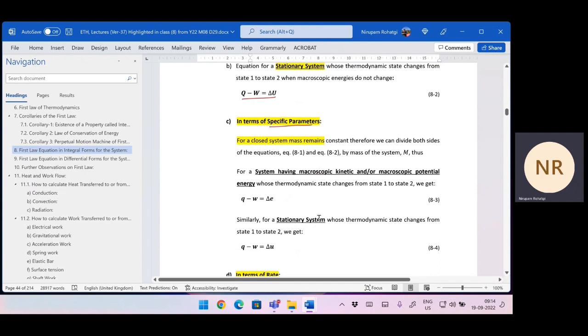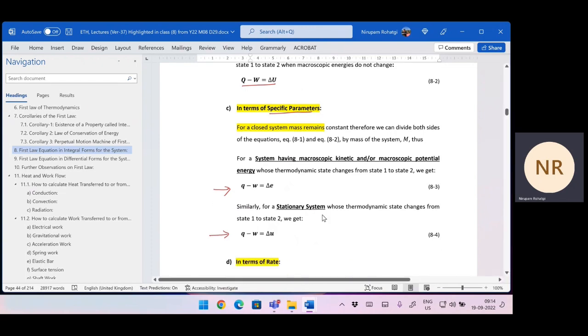Now, you know, mass is a closed system, so mass remains constant. If you divide by mass, you will get this equation q minus w is equal to delta e, and all will be small letters, which means energies per unit mass. Okay. And if you are talking about a stationary system, it will be q minus w equal to delta u.